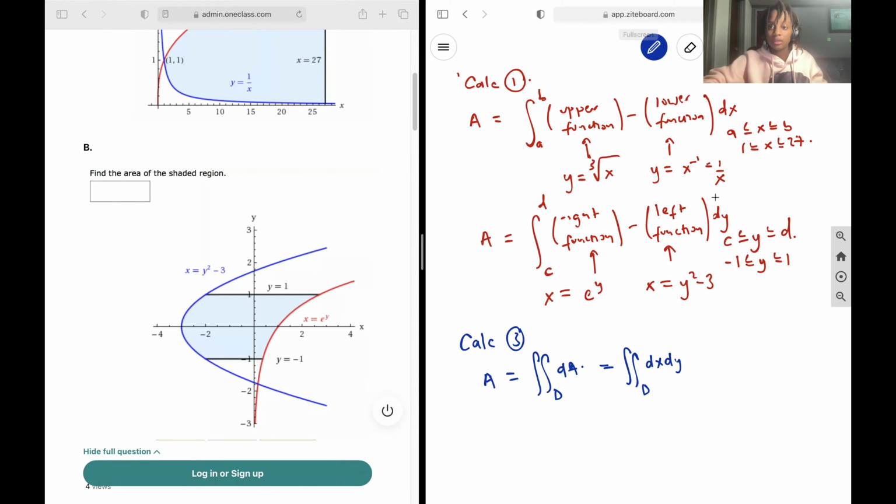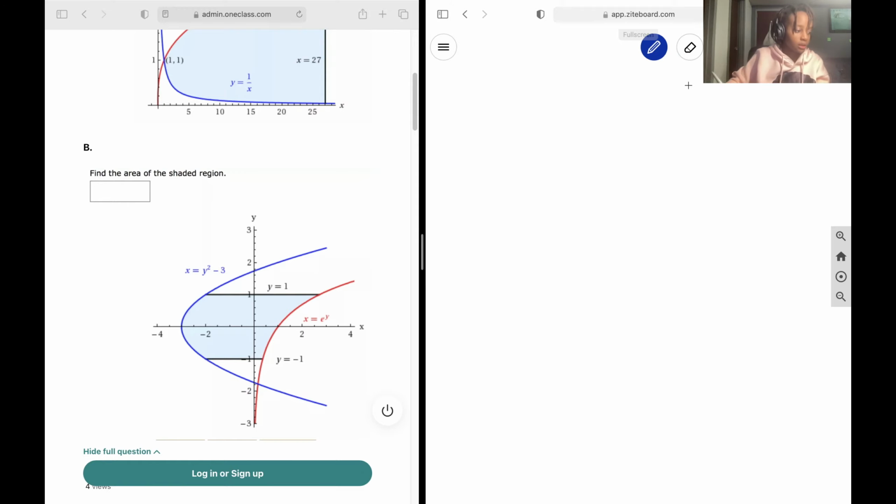And so now let's use them so that you have a better understanding of what we mean. And so for A, let's start with the calculus 1 method.